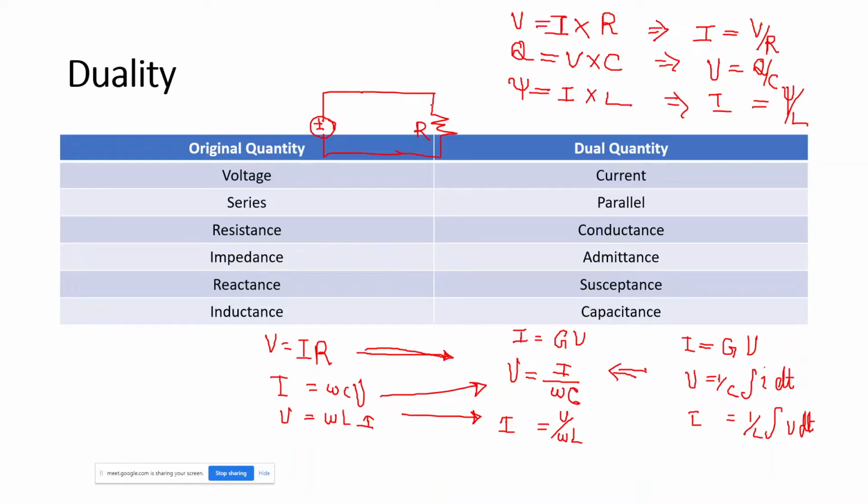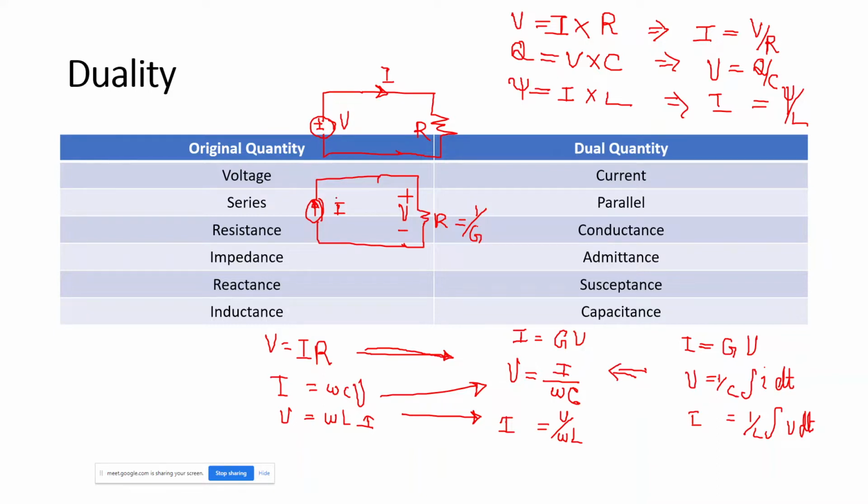Is my screen visible, right? Yes sir, visible. So this is V, this is I. I can say now I have a current source I. It's passing through a resistance R, where R is 1 by G, and the voltage across it is plus minus V. So the circuits are not the same.